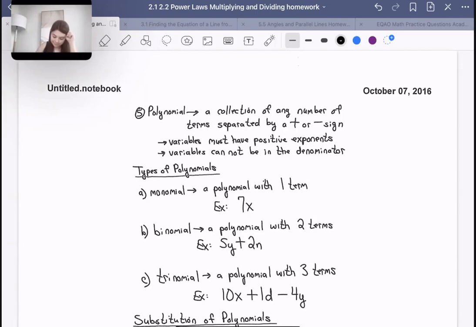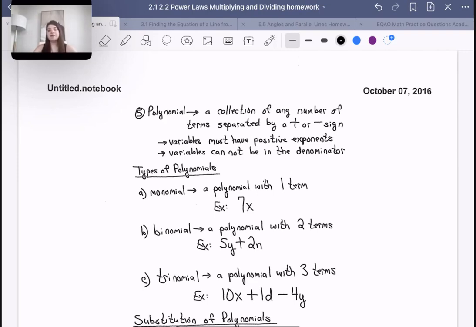Okay, so a polynomial is a collection of any terms separated by a plus or a minus sign. Keep in mind, though, the variables must have positive exponents or a zero exponent in the case of the constant term, and variables cannot be in the denominator. Now, I want to point something out here, though.